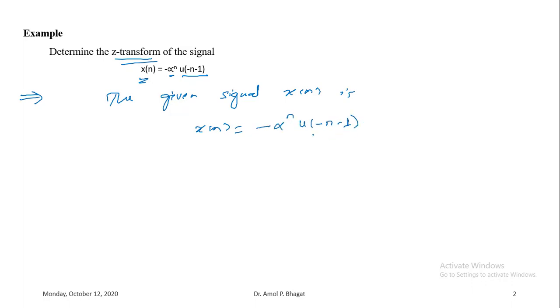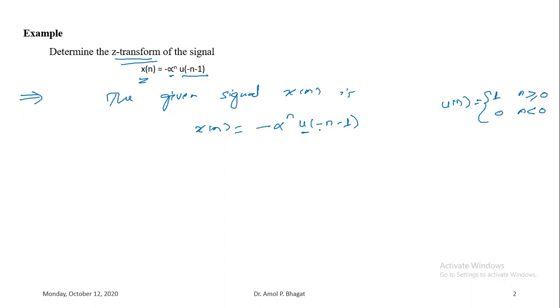As we know, this unit step signal u of n is one of the elementary discrete time signals, and u of n will be 1 for n greater than or equal to 0, and it is 0 for negative values of n, right? But when will the parameter passed to u be negative?